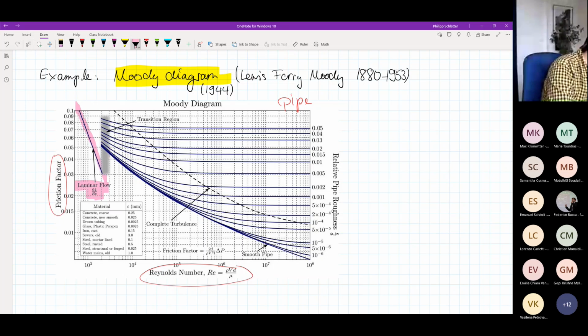And then we have this line here, which is indicated for smooth pipes. So essentially a turbulent flow with smooth walls. And all this region up here would correspond to rough walls.